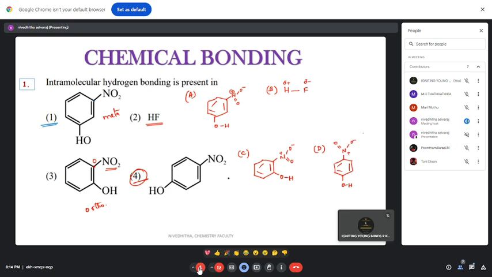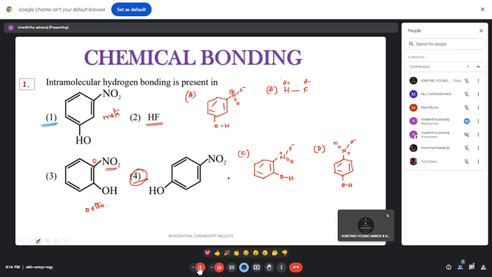That's it. So we have to check for the molecule which has intramolecular hydrogen bonding. So definitely HF will not be the case, because in one HF molecule we have one hydrogen and one fluorine. Hydrogen has a partial positive charge and fluorine has a partial negative charge, so there is no hydrogen bonding within the molecule.